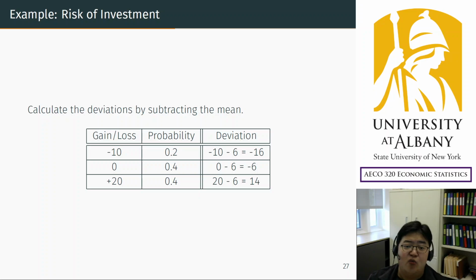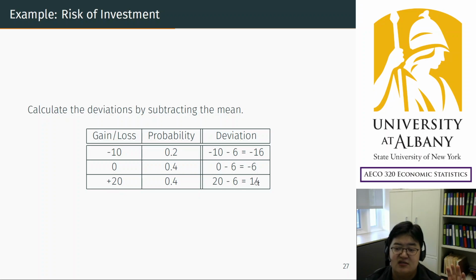And now we are going to calculate the deviations by subtracting the mean from the realization. So if you lose $10, that is $16 below the expectation. So the deviation is minus 16. And if there was no change, then that's still minus $6 from the expected return.